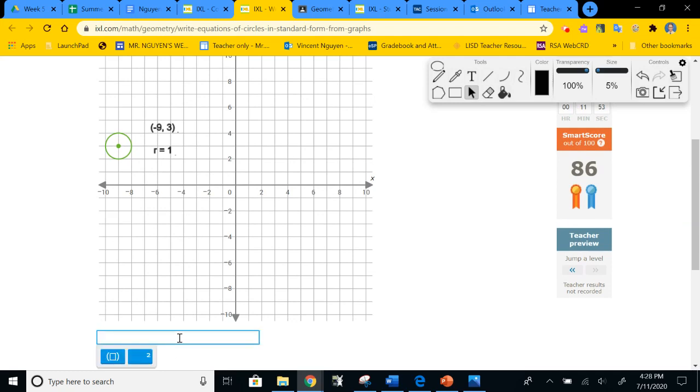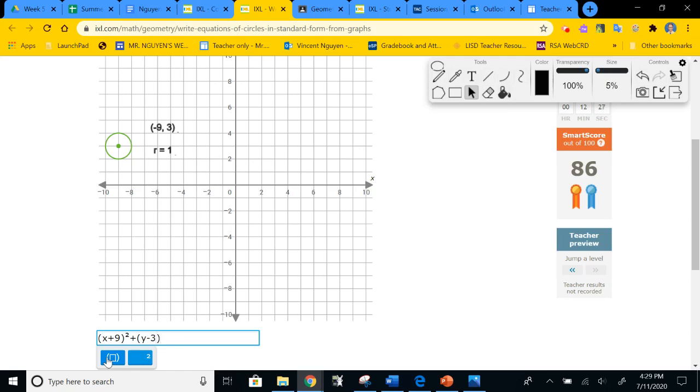So x minus h. Well, h is -9, so x minus -9. That means it's going to be x plus 9 for this particular problem. And then square that, and then plus parentheses y minus k, and k happened to be 3, so there's no double negative.